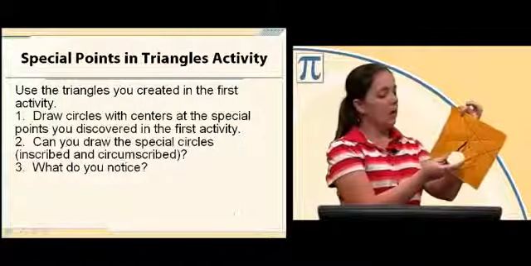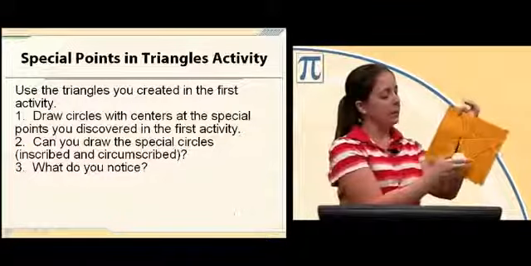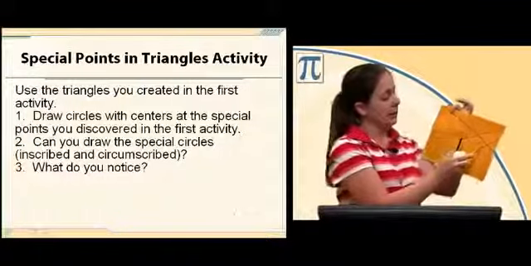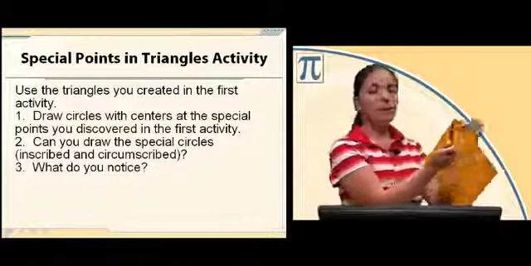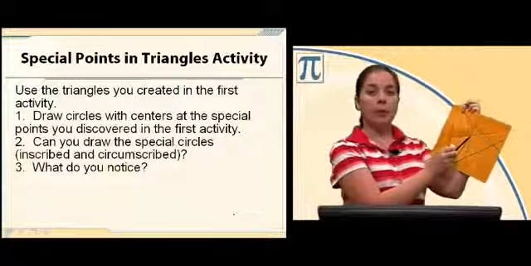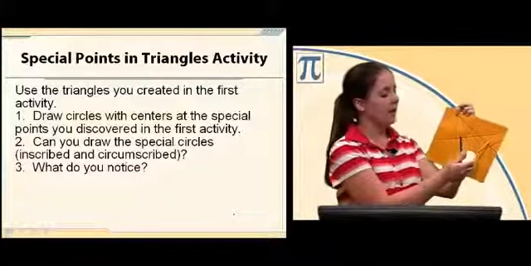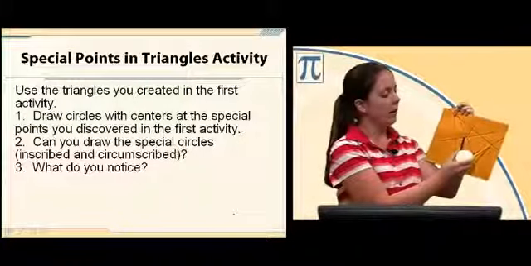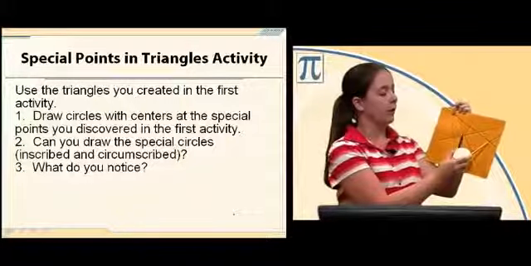And I'm going to open my compass so that it touches one of the vertices. So I've got my compass open. The center of the circle is going to be the point of concurrency of those 3 perpendicular bisectors, and the radius is going to be the length it takes to go from that point of concurrency to a vertex.